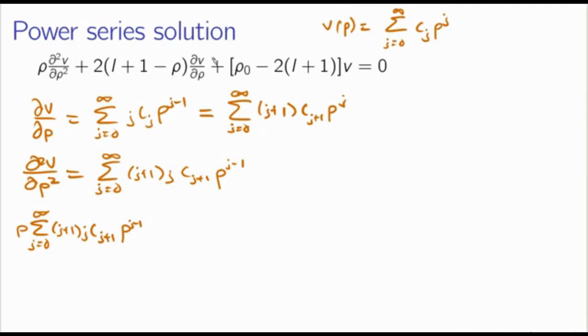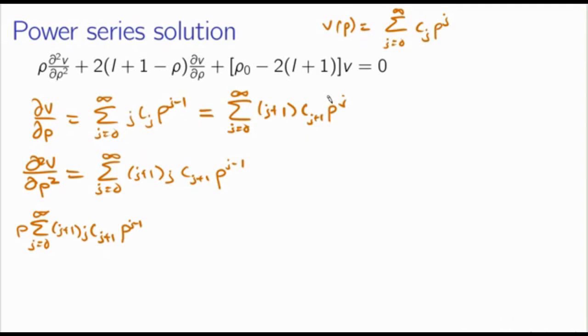The next term here has to be broken up into two pieces if I'm going to want to equate like powers of rho, because I have here rho to the 0 and here rho to the 1. So for the 2 times the quantity l plus 1 part of the first partial derivative of v term, I'm going to use my relabeled expression, the one with rho to the j in it straight.